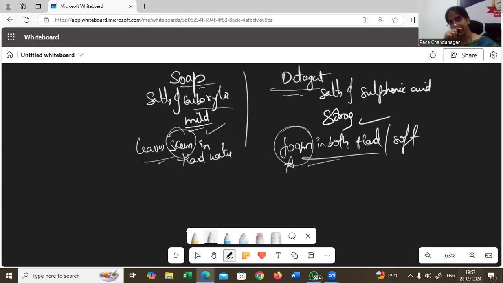So soap can differentiate whether it is hard water or soft water. And what is hard water and soft water? Hard water has much dissolved salts in it, right? Soft water does not have so many salts.